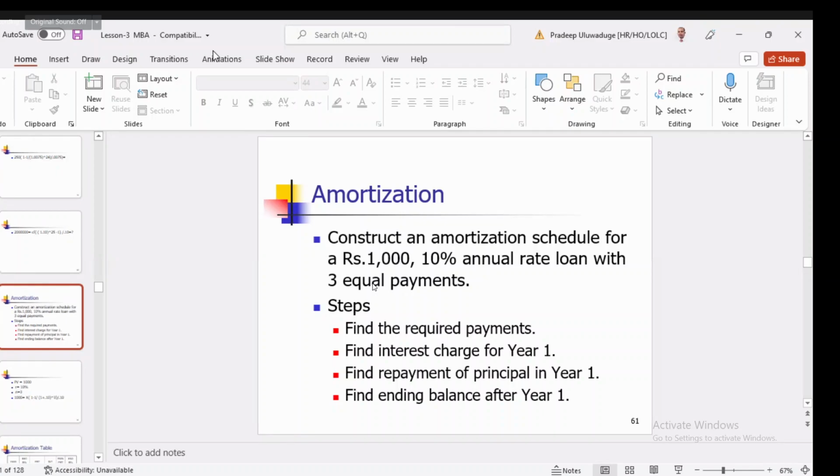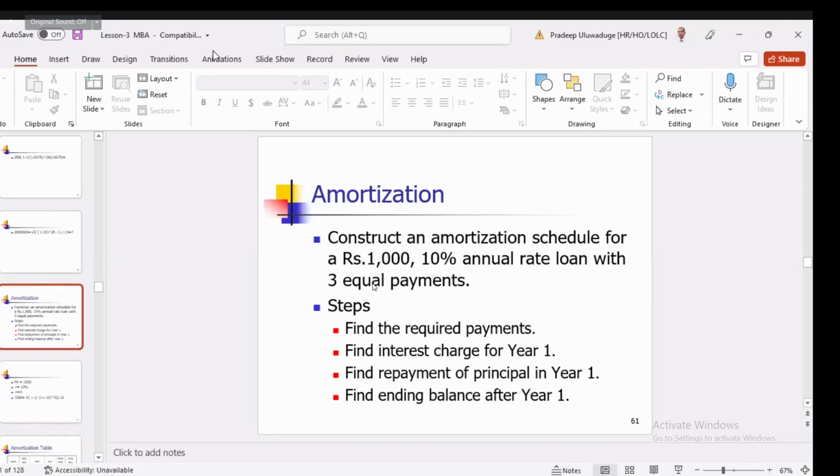Right. So amortization, when you purchase assets on installment payment basis, you will pay a fixed installment. Say for example, you buy a car to pay on annual installments or monthly installments, right? In say for example 15 or 20 or 30 installments, you will pay an equal amount of money.